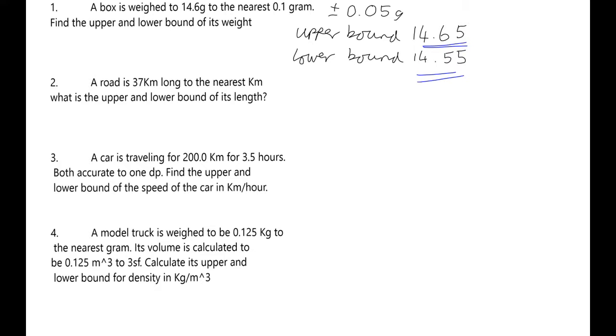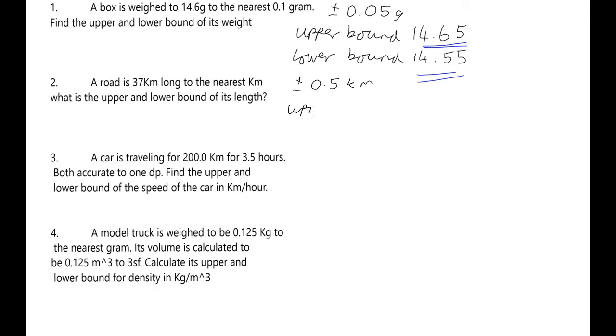Right then, question 2. A road is 37 kilometres to the nearest kilometre, and we're asked for upper and lower bounds. Okay, to the nearest kilometre, therefore we're going to have plus or minus 0.5 kilometres.